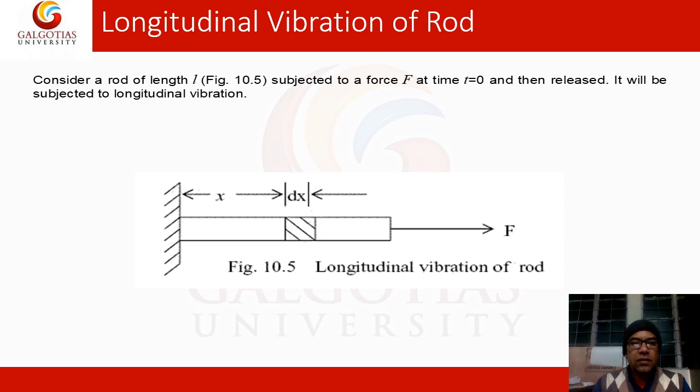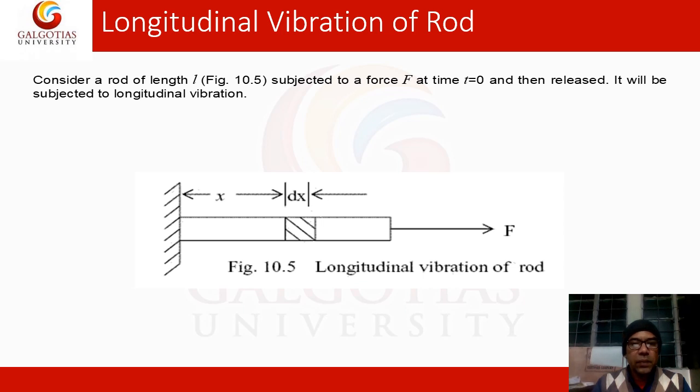In this case there will be some change in length, and that is why some strain will be introduced. Since the force is applied over a cross-section area, we can convert that force into stress, and because of that stress there will be some longitudinal strain. Because of the strain energy and the stiffness of the rod, it will pull back against that force at the state of equilibrium. There will be some change.